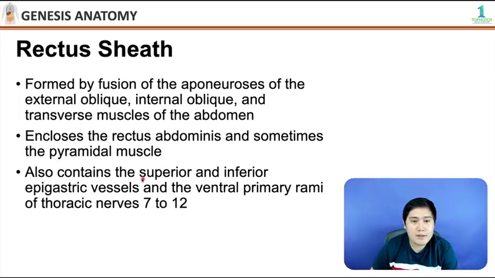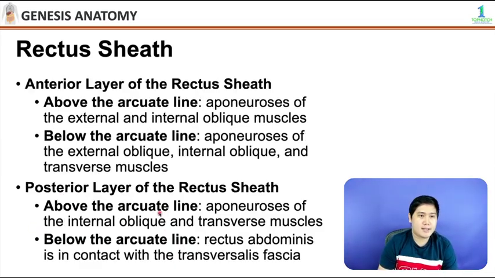And the clinical significance is that it will contain the superior and inferior epigastric vessels together with the thoracic nerves 7 to 12. So there will be differences if you are above and below the arcuate line.